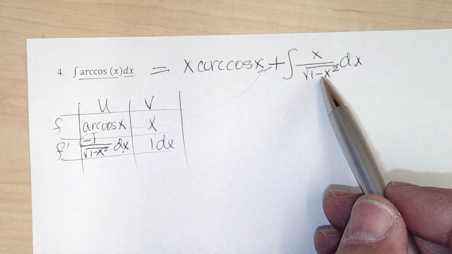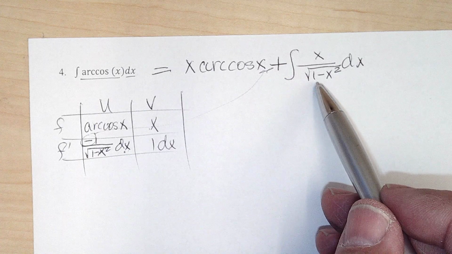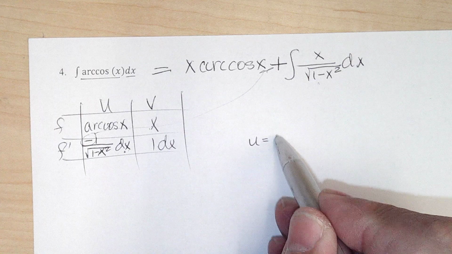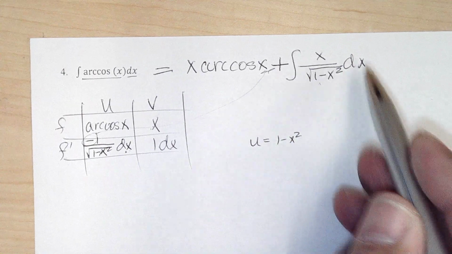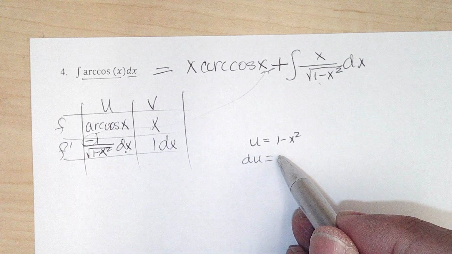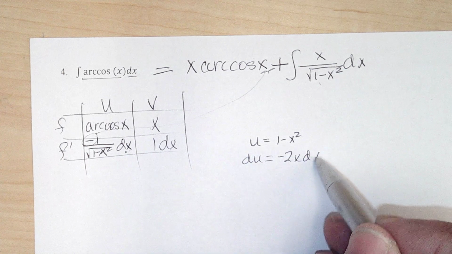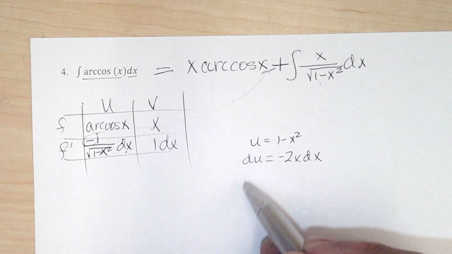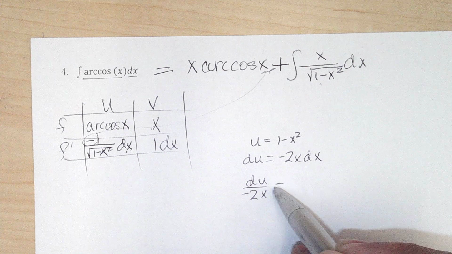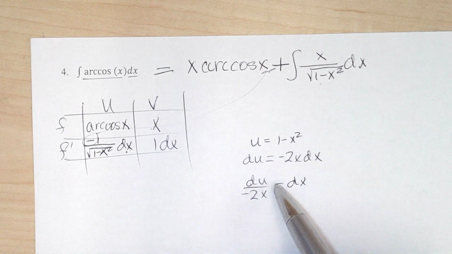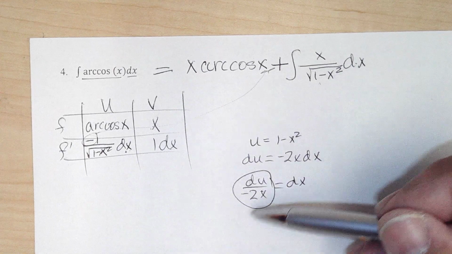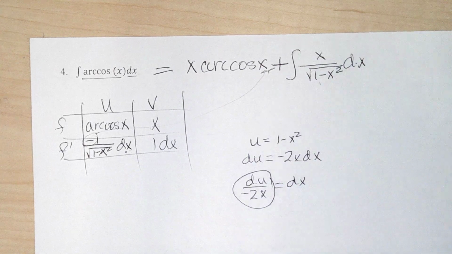Now, this one can be done with substitution. So I'm going to let u equal 1 minus x squared, because then I'm going to get du equal minus 2x dx. The minus 2x ends up under the du. So when I replace dx with this, the x is going to cancel.